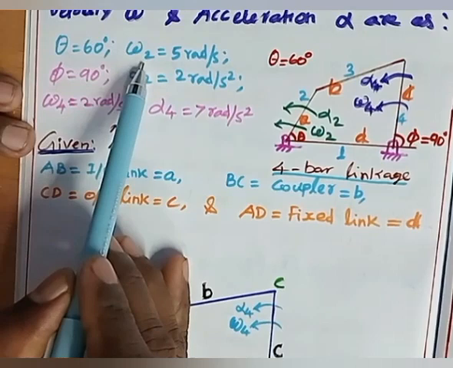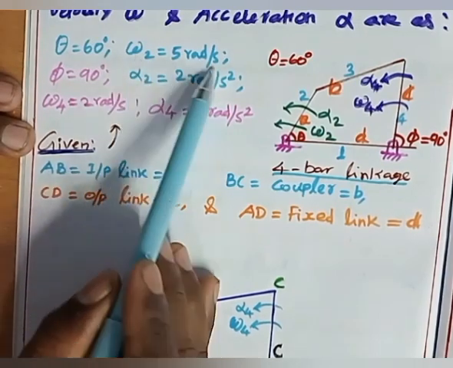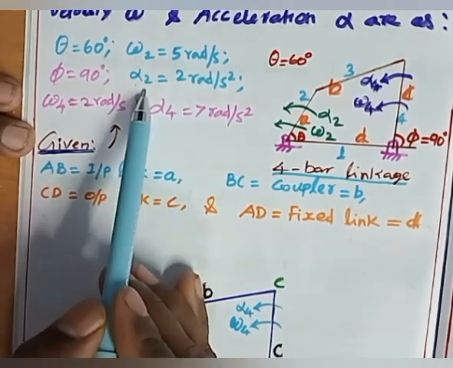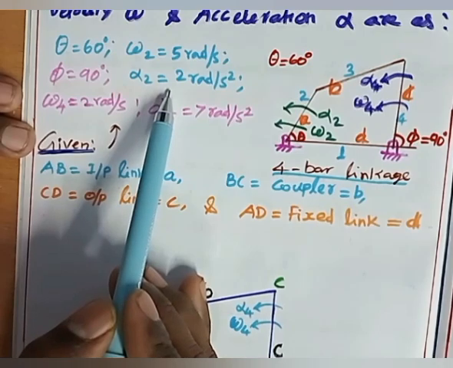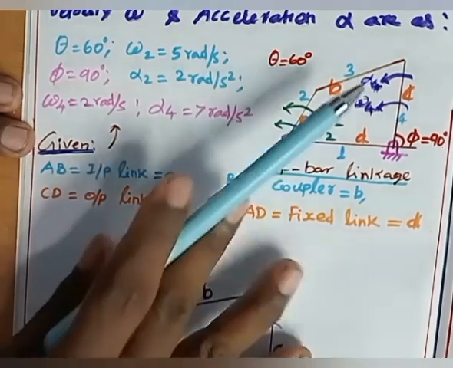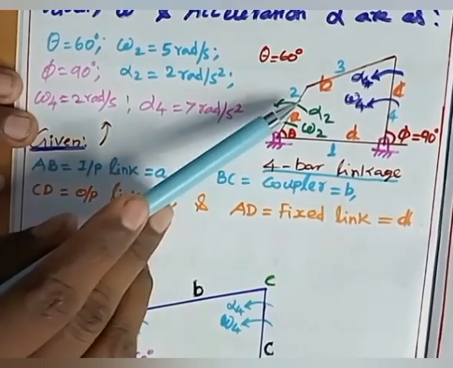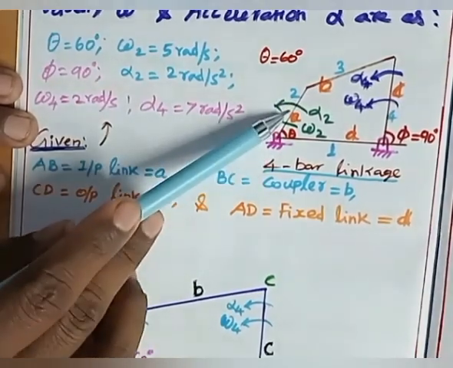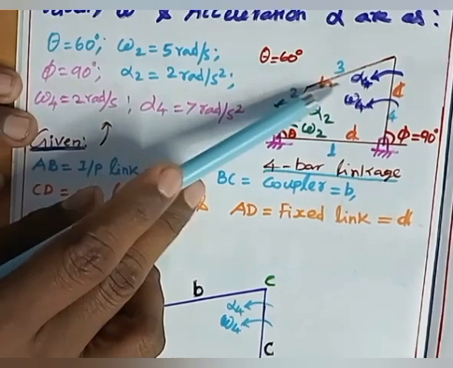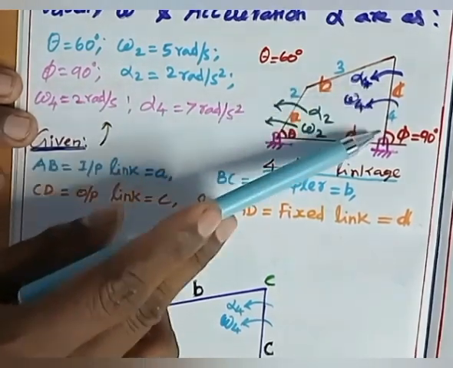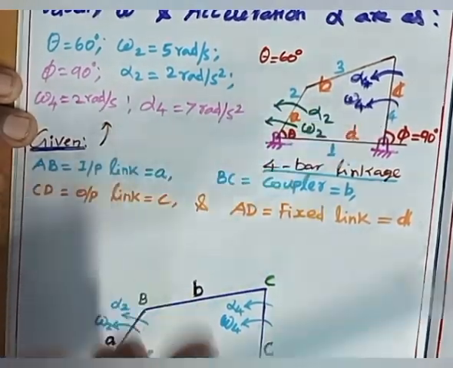Here omega is the angular velocity, the unit is radian per second. Alpha is the angular acceleration, the unit is radian per second square. Now you see the four-bar mechanism. Link 2 is the crank, 3 is the coupler, and link 4 is the output link.